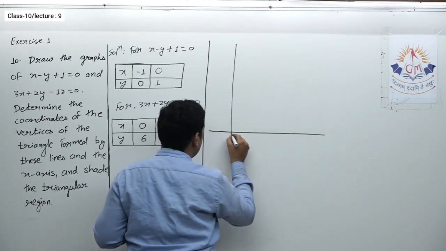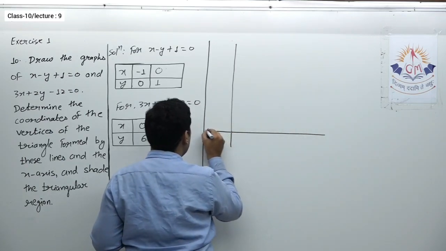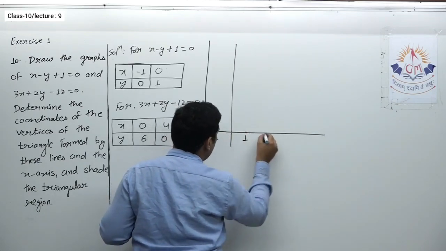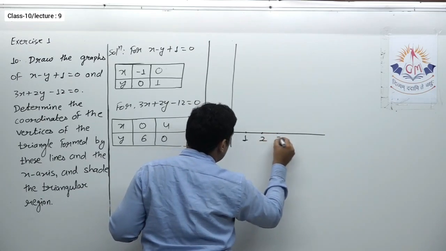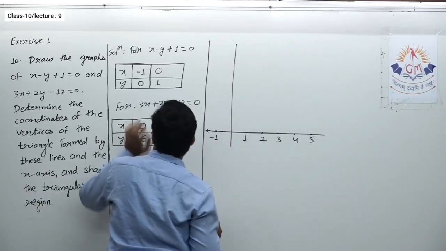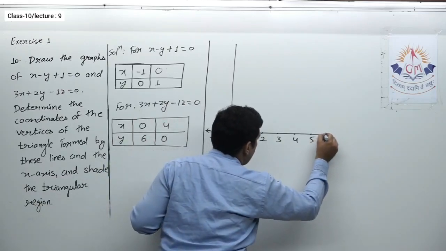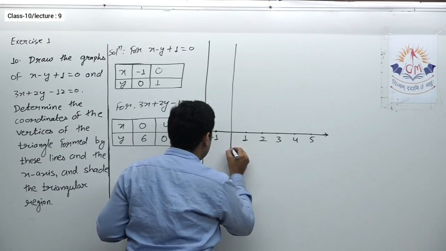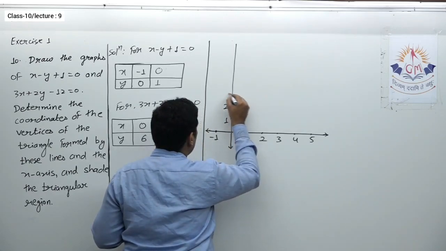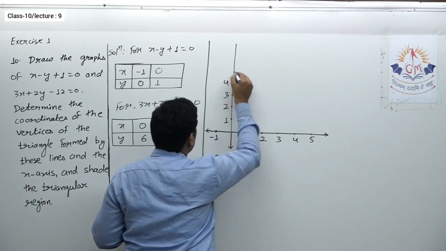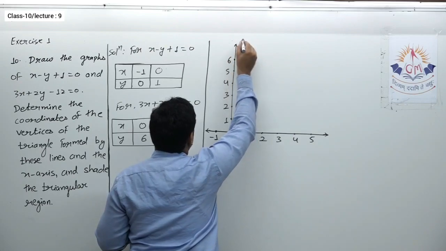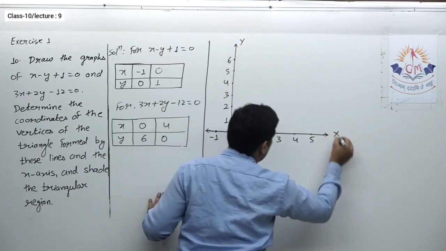This I can say is minus 1, then 1, 2, 3, 4, 5. That is sufficient. Now in the y direction it is 1, 2, 3, 4, 5 and 6. This is the y-axis, this is the x-axis.